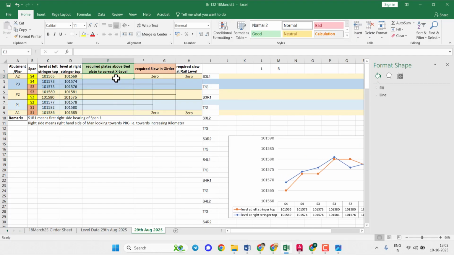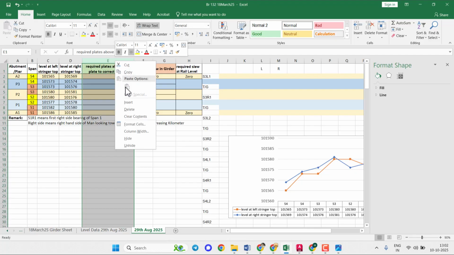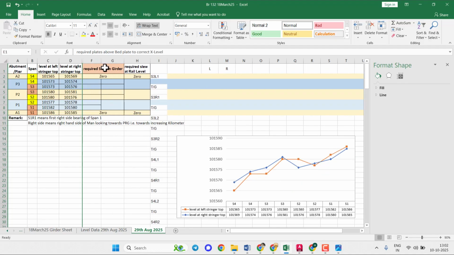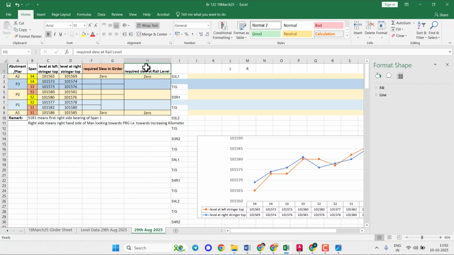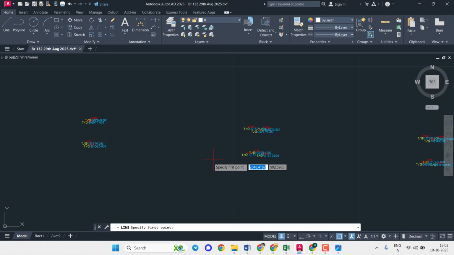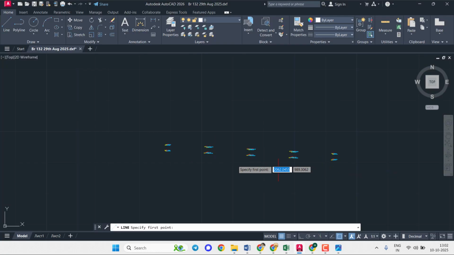Now alignment. So this is basically, we can hide it. We are not going to insert any plate this time. So required sleeve in girder, required sleeve at rail level. Alright, so it's very simple, it's the most basic thing that you can do in AutoCAD.